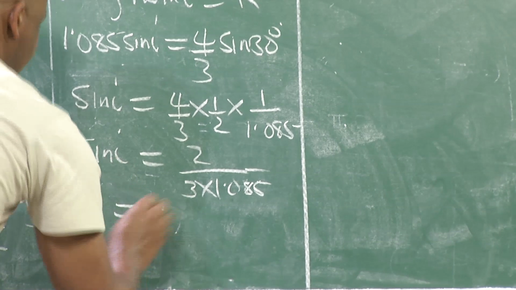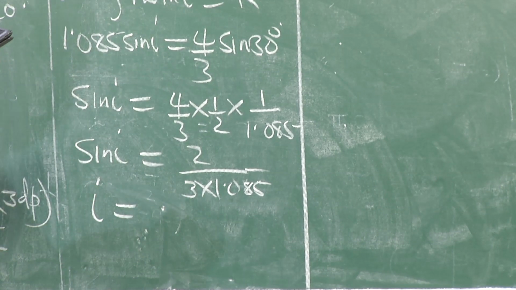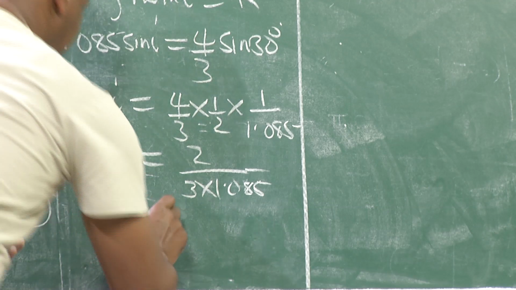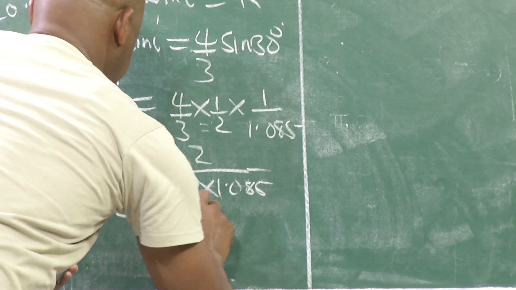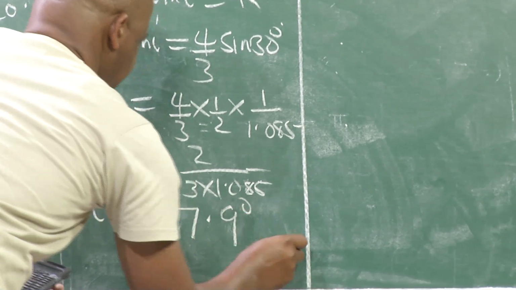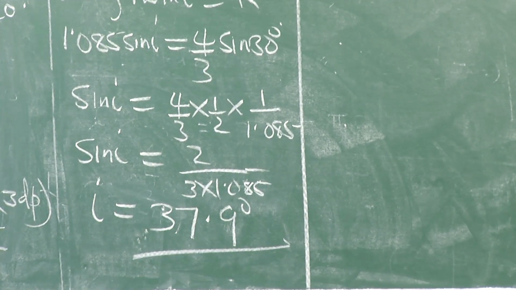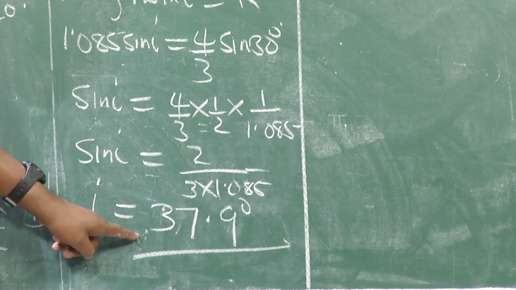So our I, by calculation from there, by computing that expression, we can get our value as 37.9 degrees.